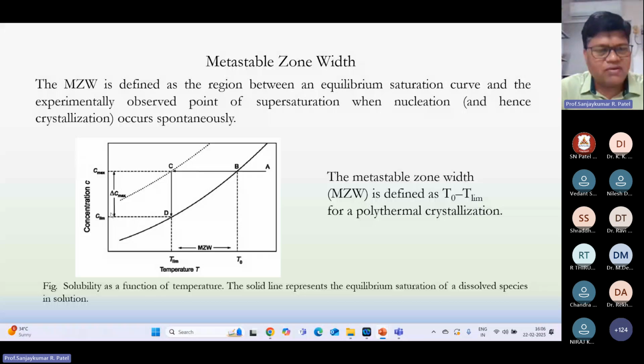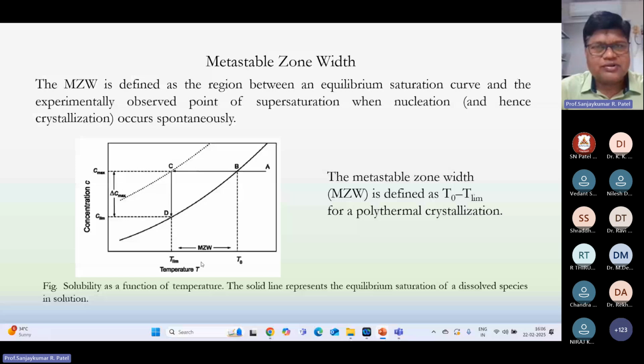If I have a proper mass transfer on the nuclei, meaning change in the concentration over a period of time, I should have control on the cooling rate, correct? So if I am able to control this cooling rate, ultimately I'll have control on the delta C max, and therefore I will have control on the growth of the crystal.